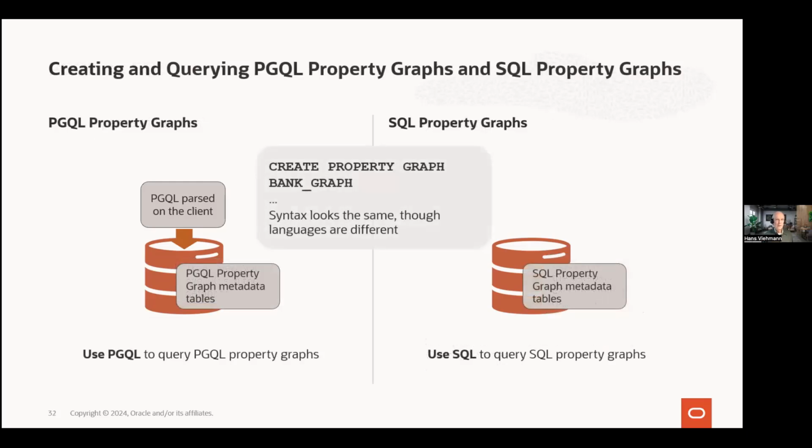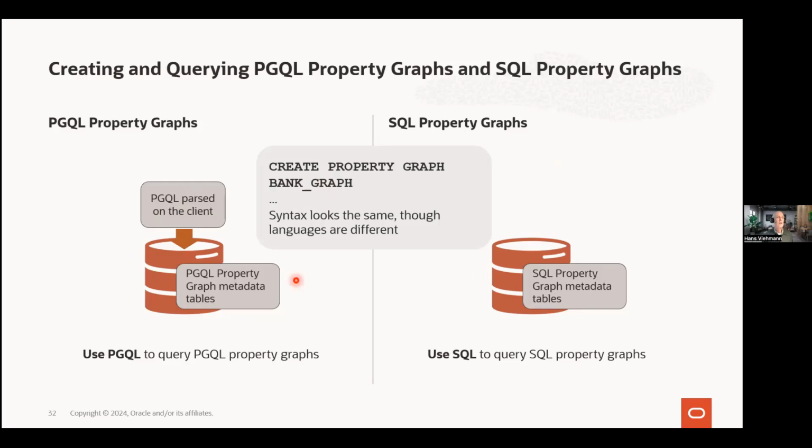Isn't this confusing? Yeah, you're right. I mean, to some degree, there is the risk for confusion, but only if you have existing graphs in a, let's say, 19C environment, for example, right? So from that perspective, it is something which is not necessarily straightforward, because the create property graph statement looks exactly the same no matter if you have a PGQL property graph or a SQL-based property graph.